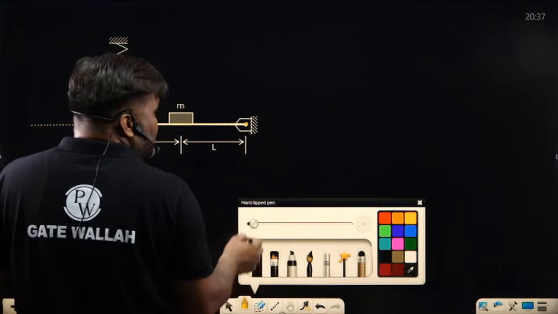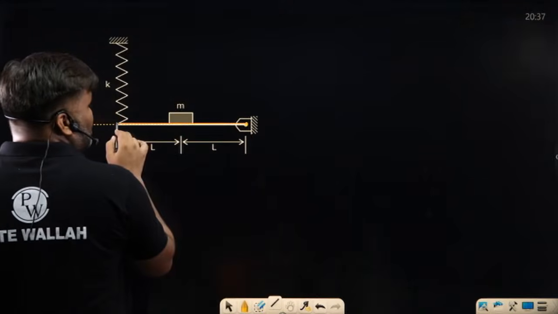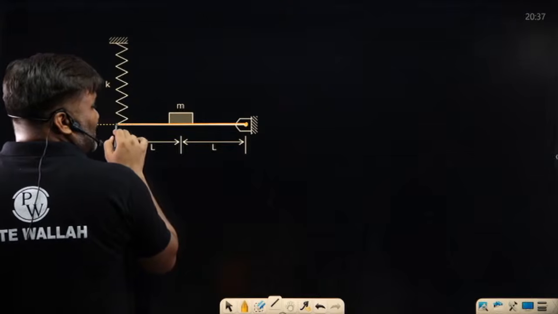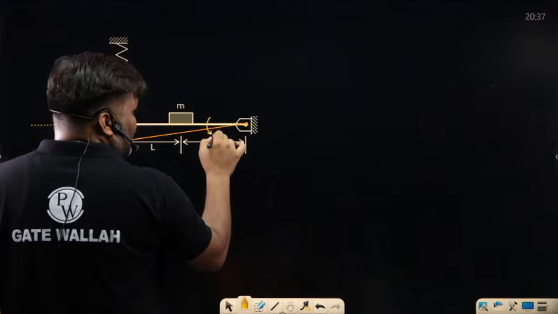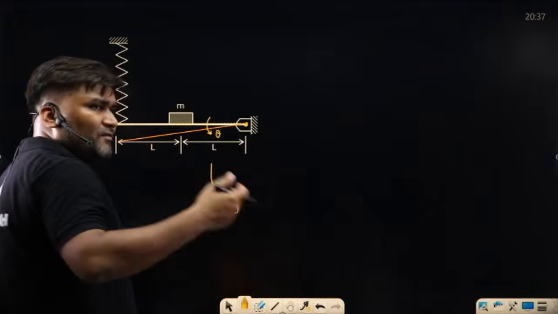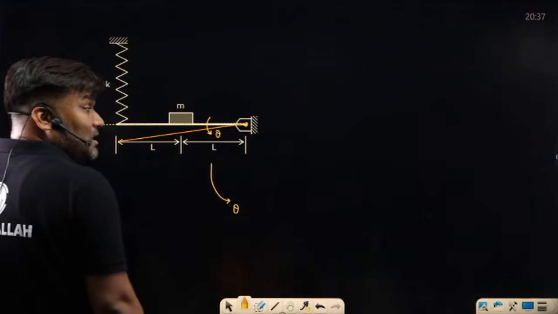When I saw the setup doing some motion like this, at some angle theta, you have moved by some theta angle, omega velocity, alpha acceleration, it was further moving. What are the torques acting on the system?